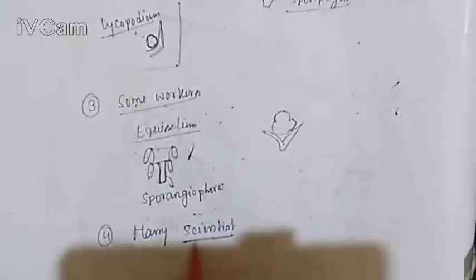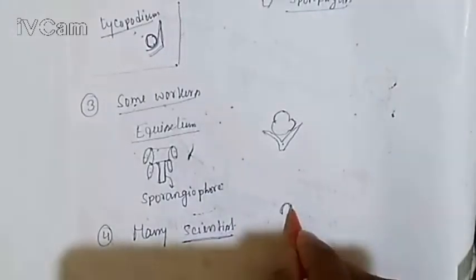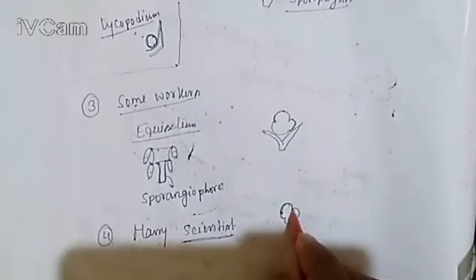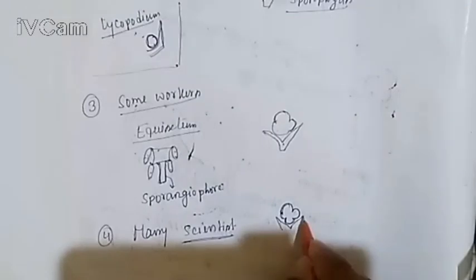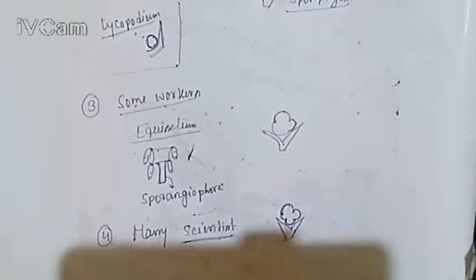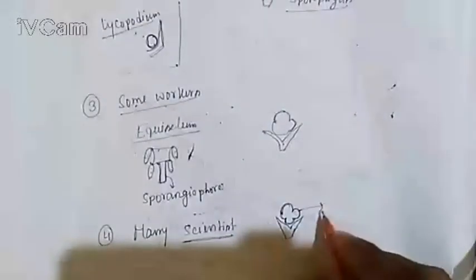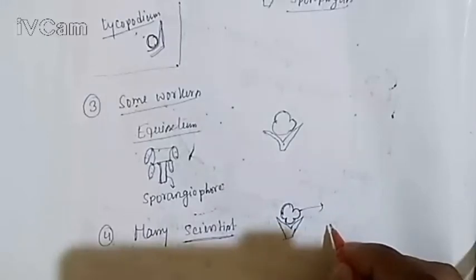According to some scientists, this organ, where the trilobed structure is present, is a confusion organ. They used the term confusion organ. It may be a single sporangium or maybe a trilobed sporangium, but which one is correct we don't know.